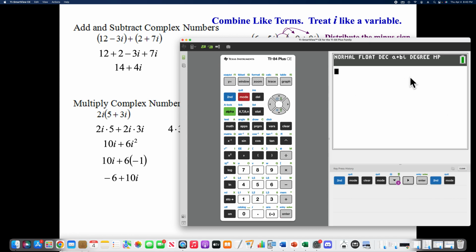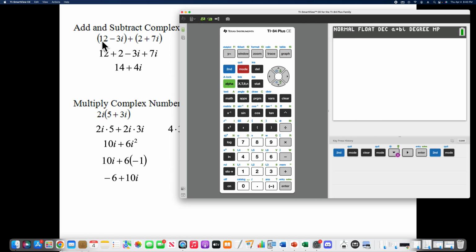Second mode, back to the home screen. So now here's the beauty of this. All these problems you can grade. For example, second square root of negative 4 is no longer an error message. It's the 2i.